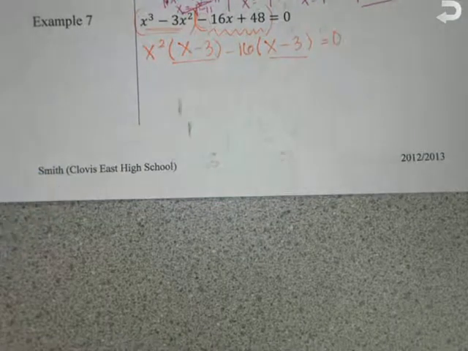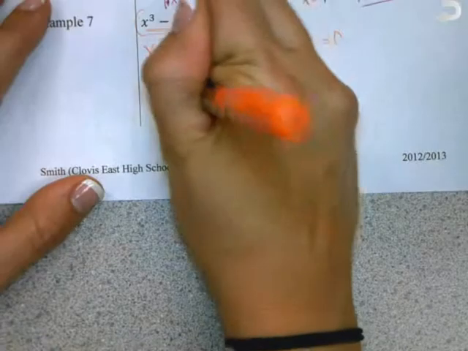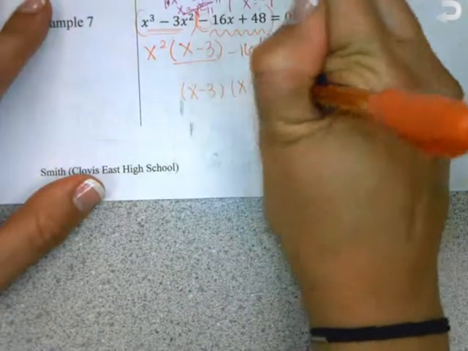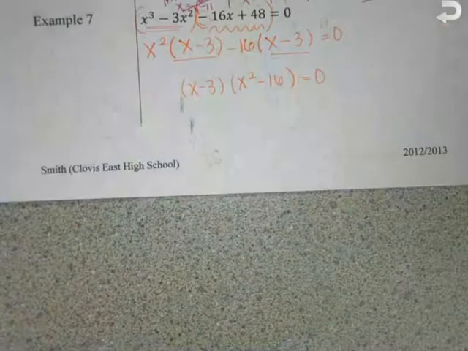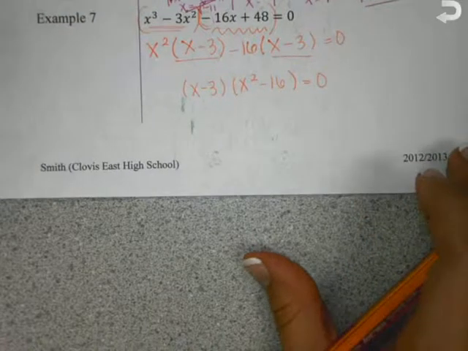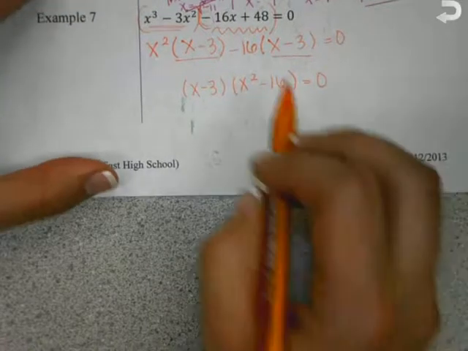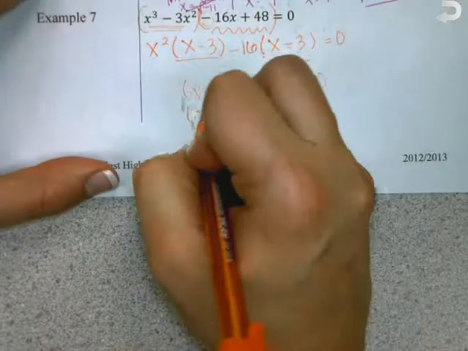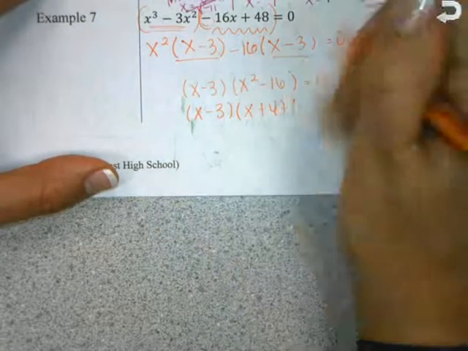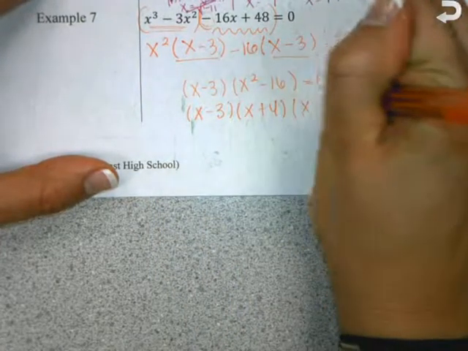And this is what killed me when I was grading your test the other day. There is one more step that we can do. What is it? Geez, difference of 2 squares. So that is x plus 4 times x minus 4 equals 0. How many factors do I have in this problem? 3. So we set each one equal to 0.